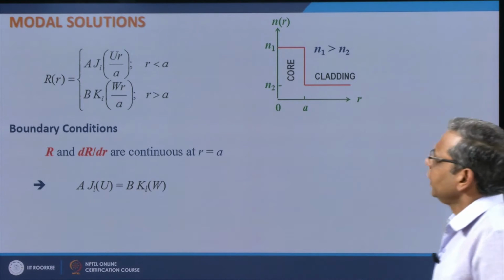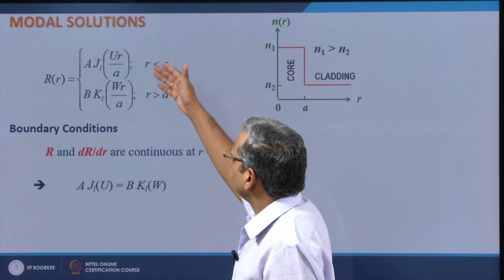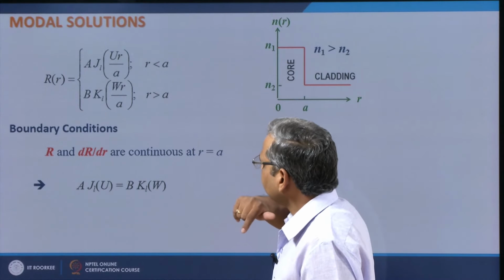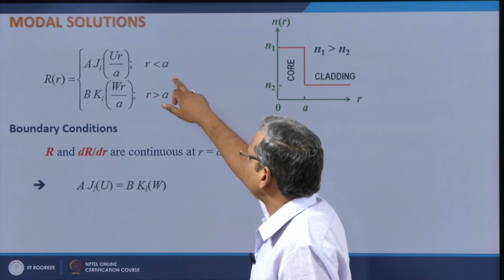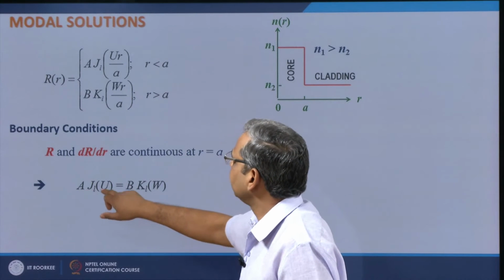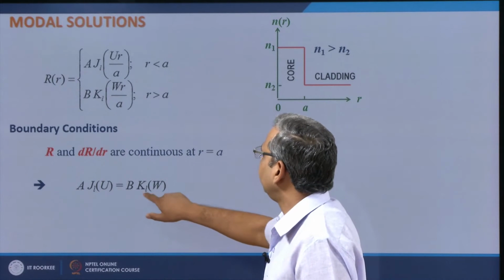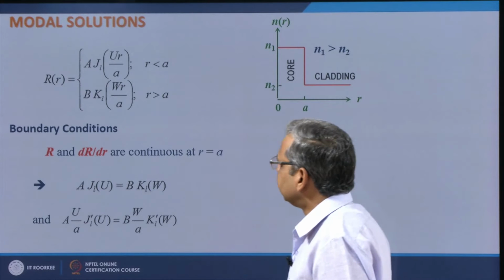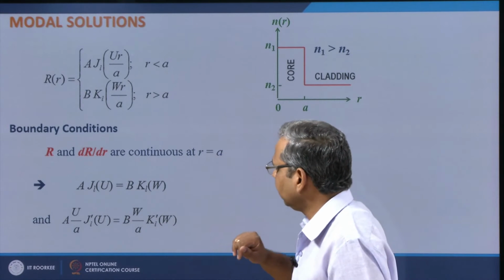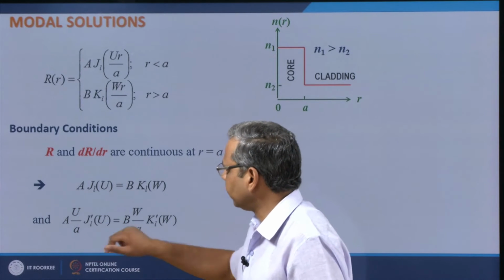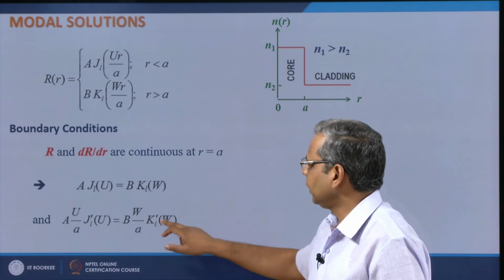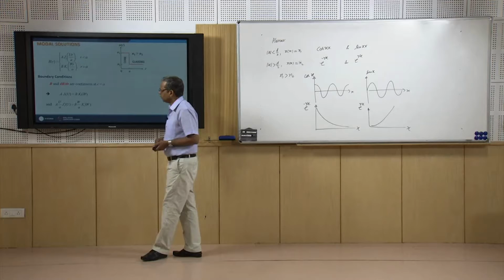Okay. So, if I put these here, the continuity of capital R at r is equal to a will give me A J_L(U) is equal to B K_L(W), and the continuity of its derivative at r is equal to a will give me A U over a J_L prime(U) is equal to B W over a K_L prime(W).